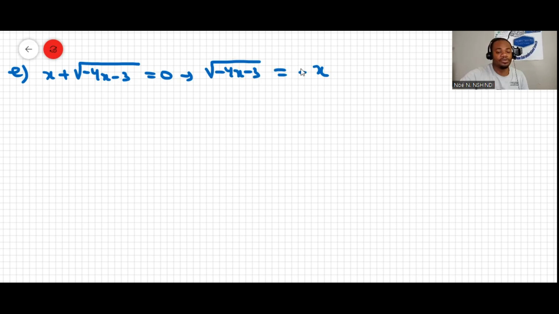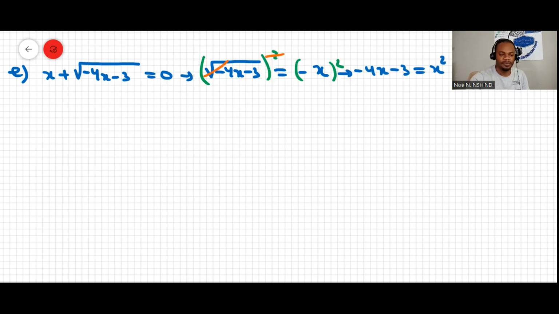So we cannot conclude when we have a variable, when we have an equation like that, that this is not applicable. But what we can do is raise both sides to the power of 2. This power of 2 cancels the radical sign, and then this will be negative 4x minus 3 equal to x squared.